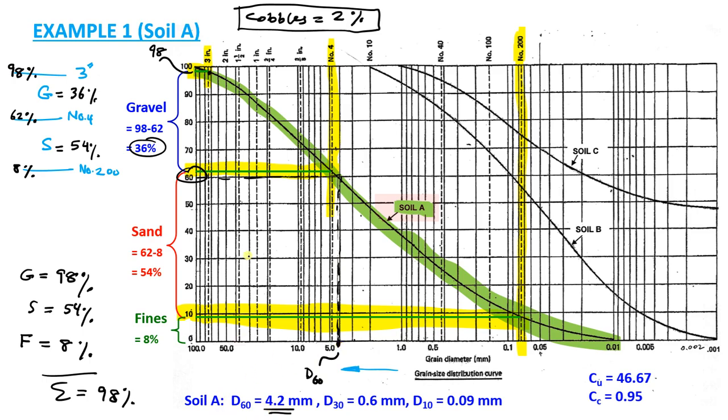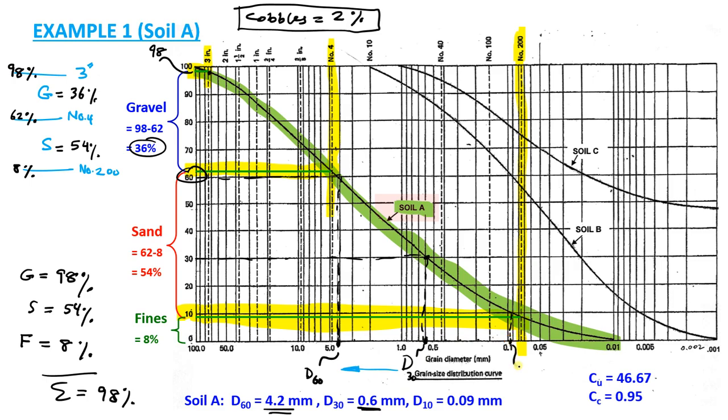How can I find D30? Draw a line from 30%, go horizontal till we reach this curve, and then go down. This value is D30: 0.1, 0.2, 0.3, 0.4, 0.5, and this is 0.6. For 10%, draw a line from 10%, and when we touch this curve we come down.